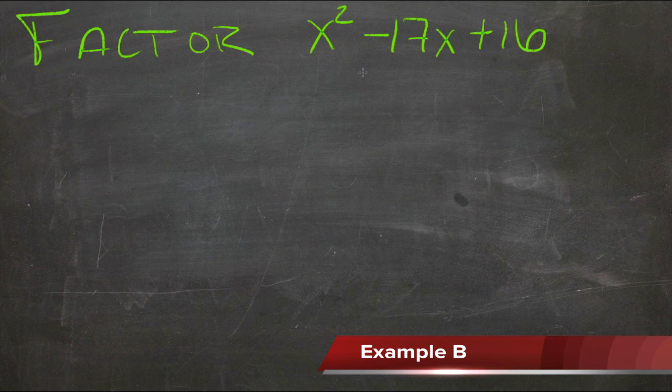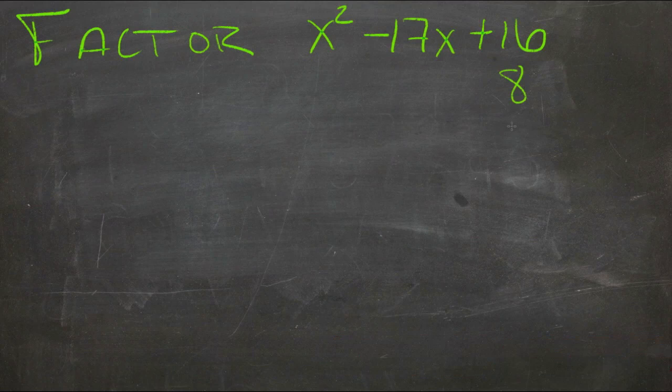Here's another example of a quadratic expression with a negative coefficient. Again, our middle term is negative here, so we're still looking for two numbers that multiply to be positive 16 and add to be negative 17. So the factors of 16 could be 8 and 2, positive and positive, or negative and negative.